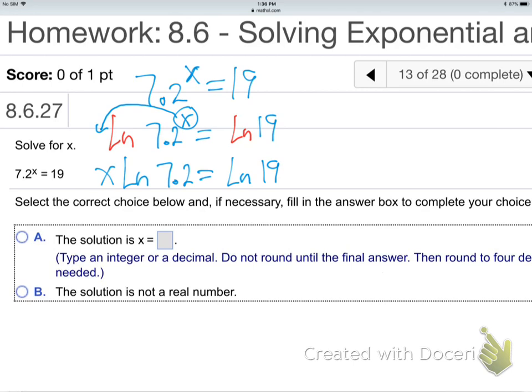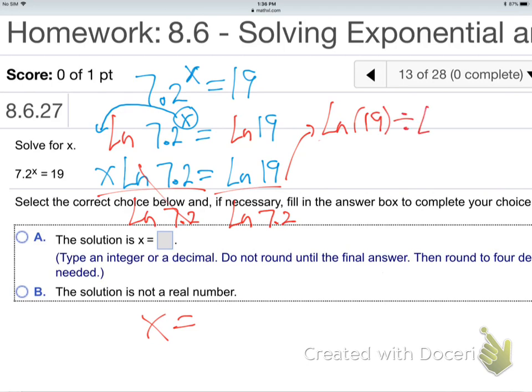Divide by ln 7.2, boom. x equals. So type that into your calculator. Make sure you go ln 19, close those parentheses, and divide by ln 7.2.